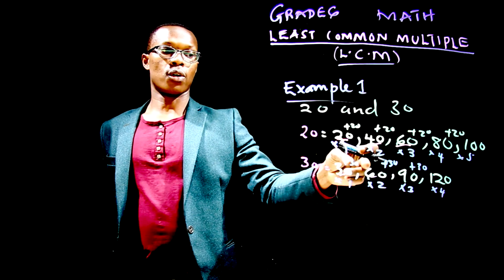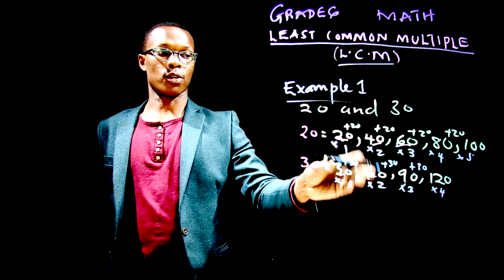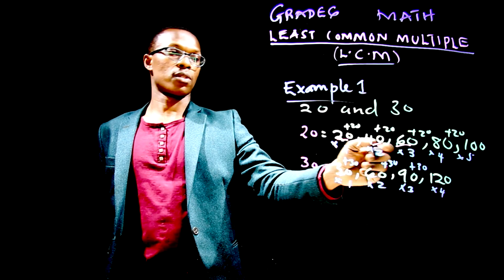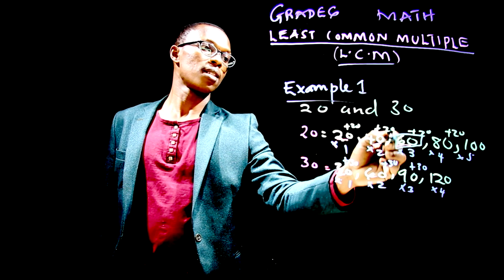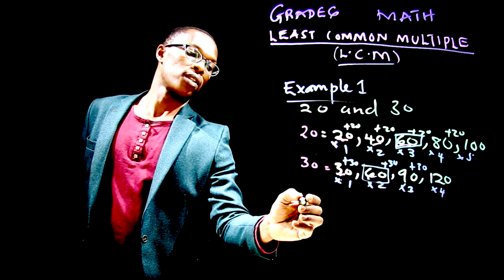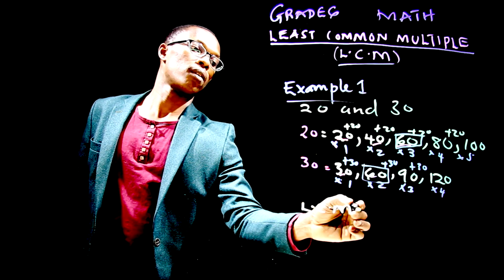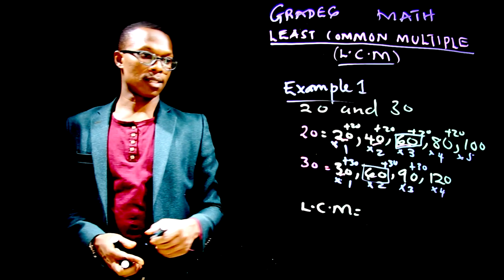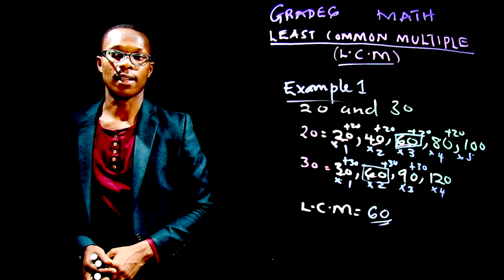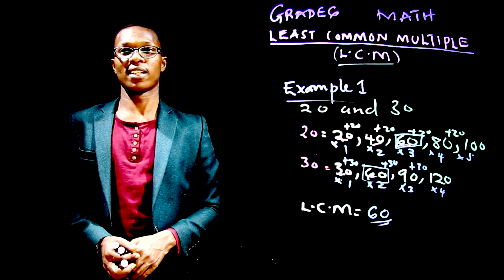So these are common, and they are also the least because it's the first one from the multiples. So what is the LCM? The LCM of 20 and 30 is simply 60. And that's it. I know it's very easy.